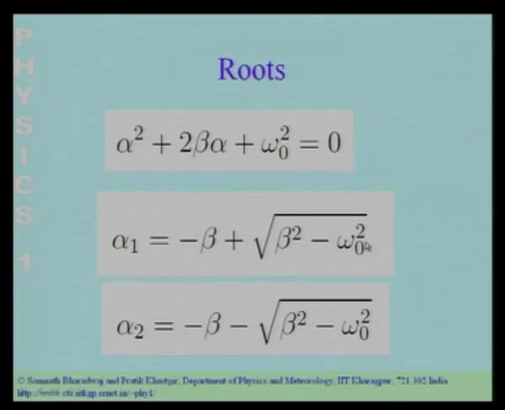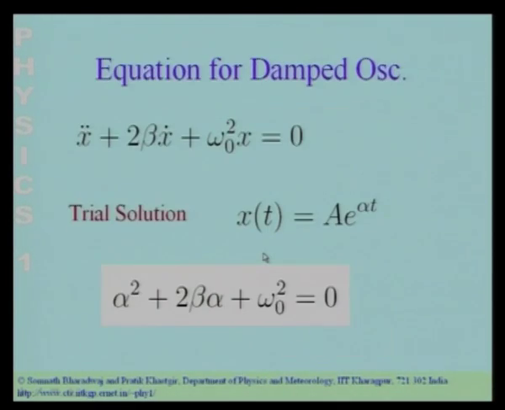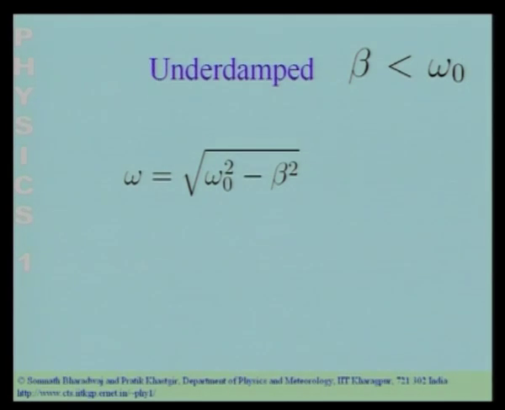If beta is less than omega naught, this term beta square minus omega naught square is negative, and the square root of this negative number is imaginary. It is hence convenient to take the minus sign out and define a positive real number omega square, omega naught square minus beta square.